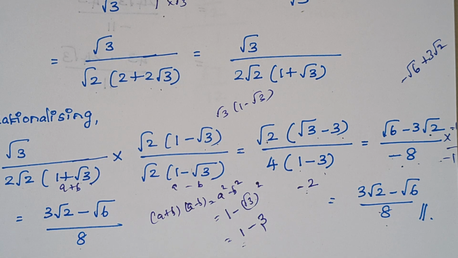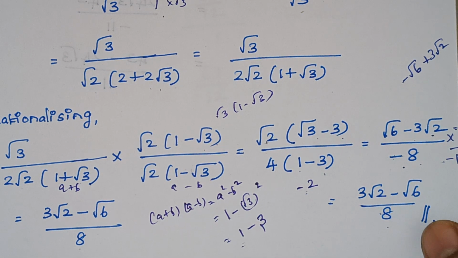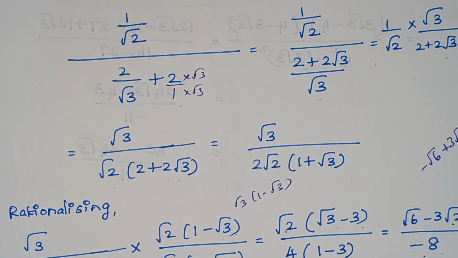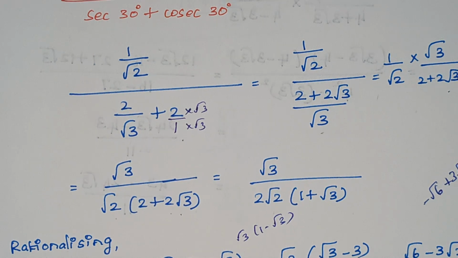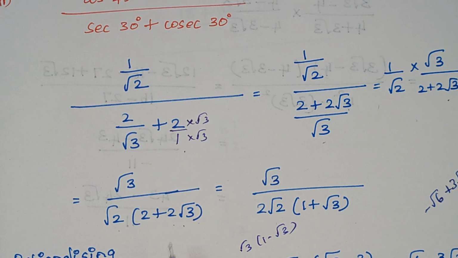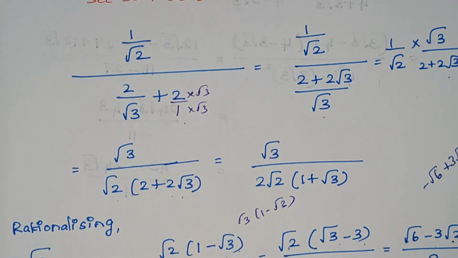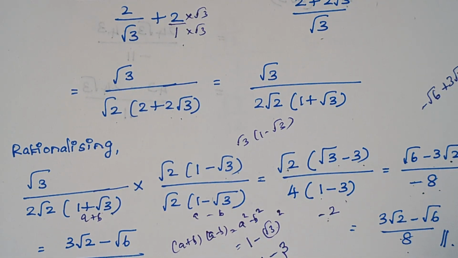So here, when you look at this problem, since we cannot find a simple solution, since we are having some complicated terms here, we are rationalizing and finally simplifying in this format.